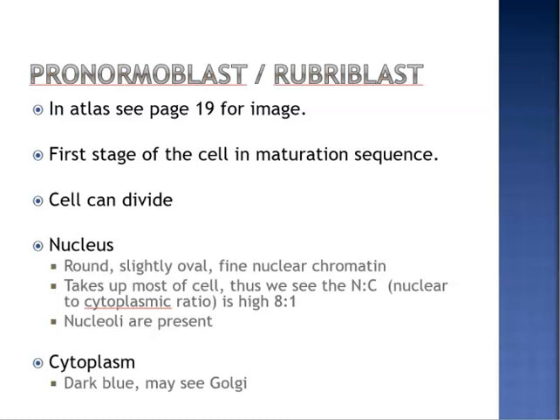As far as the cytoplasm, it is dark blue, and you can see the Golgi apparatus. Again, I strongly encourage you to pull out your atlas and look at the images that go along with this step of maturation of the red blood cell sequence on page 19, so you can see what the nucleus looks like and what the cytoplasm looks like, so you can compare what this step looks like versus the next step coming up.